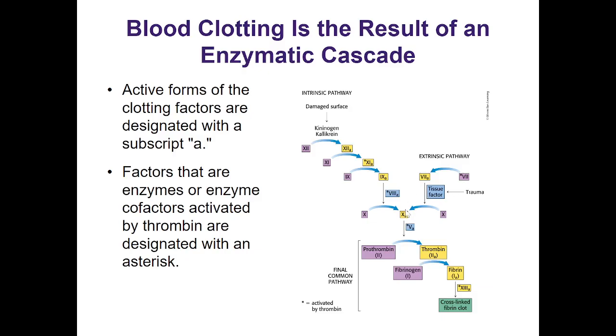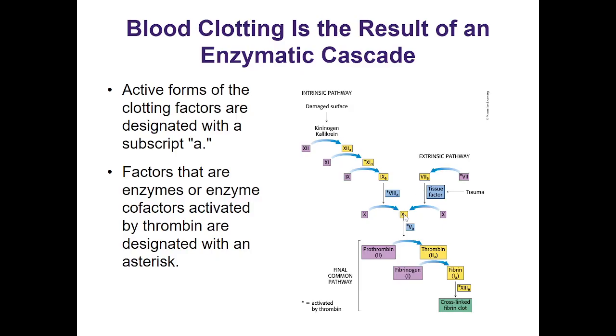Now keep in mind, factor 7 will actually get activated more by thrombin, so we have a wraparound that comes back here. Does factor 7 activate tissue factor? No, it doesn't. The tissue factor is kind of like a coenzyme. You need both of them, and they then activate factor 10.